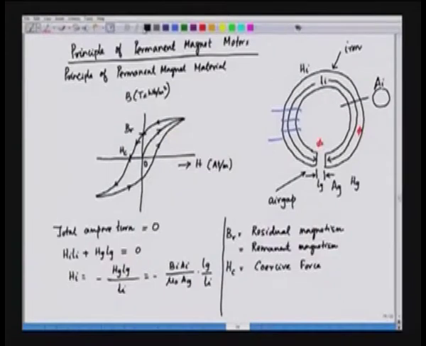So, just to recapitulate what we have studied in the last lecture, we have a circular permanent magnet material. This is the material and this is something like a ring structure.